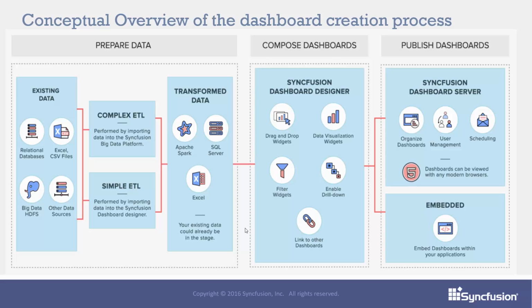Then the dashboard can be deployed to a compatible Syncfusion dashboard server, which allows you to organize the dashboards and share them with others. You can manage users, and you can schedule things and so forth, all of which we will look at in detail during the demo.